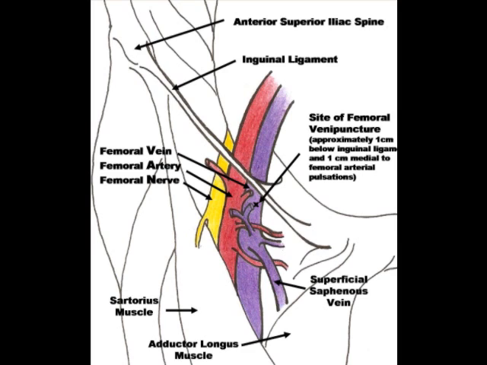But having said that, there still are cases where it's the other way, where the varices are causing a compression. You also see the adductor muscle, adductor longus muscles there, and also a superficial saphenous vein.